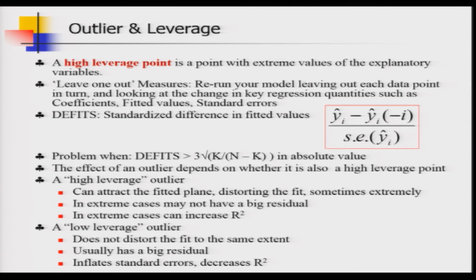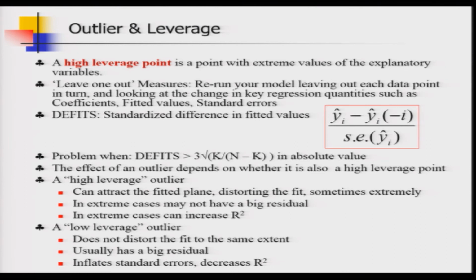It is defined as the difference between the fitted value, which is y hat i, that comes from my original regression, and y hat i given minus i. So, I have to exclude that observation i from the sample, and then run the regression.